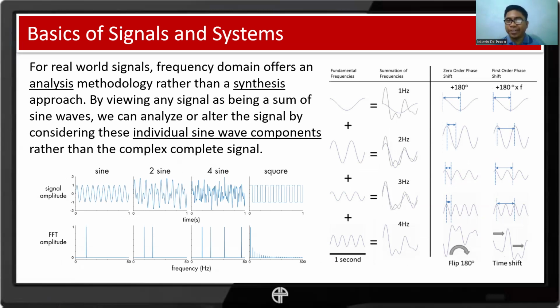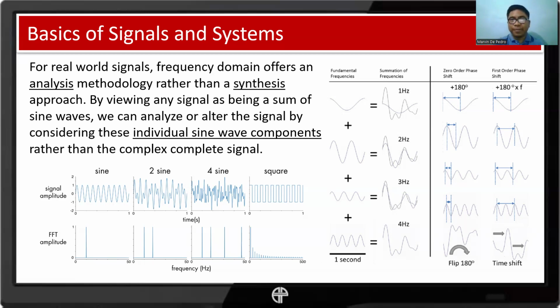This is the reason why signal analysis must be done as part of signal processing, because we have to dissect a given signal, since each signal is basically composed of a sum of different sinusoidal signals.